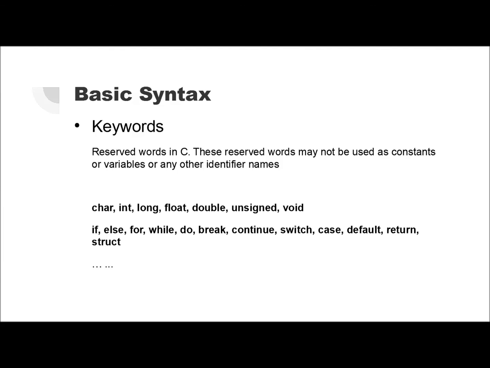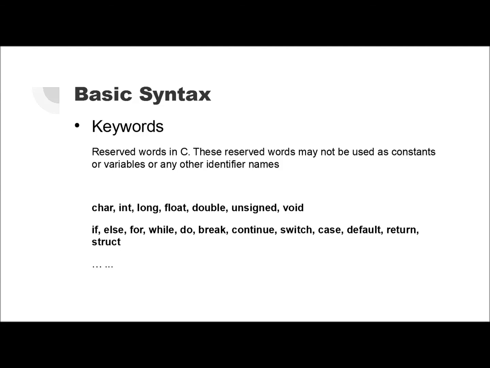More basic syntax. Keywords. Reserved words in C. These reserved words may not be used as constants or variables or any other identifier names. Pretty much, these are already predefined in C, and therefore you cannot use the word. If you are wondering whether it is a keyword or not, just type the word in without anything else, and if the computer says undeclared identifier, then it's not a keyword.